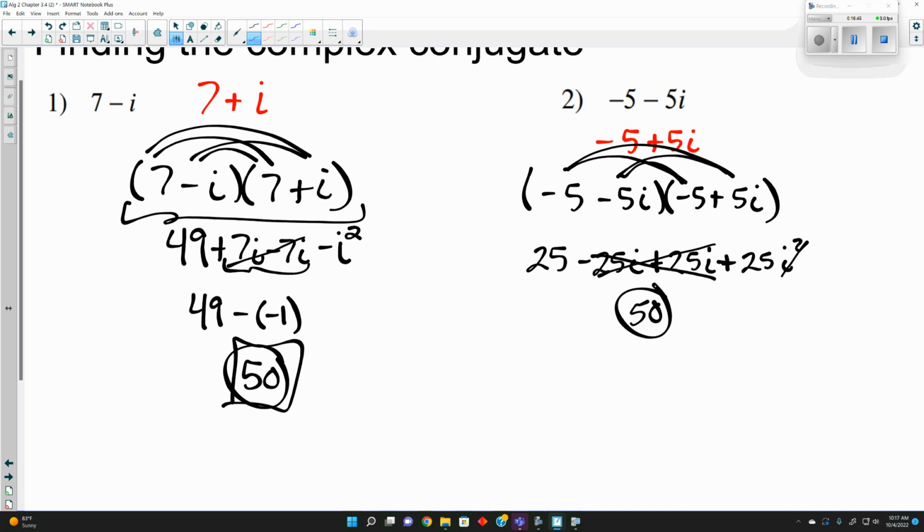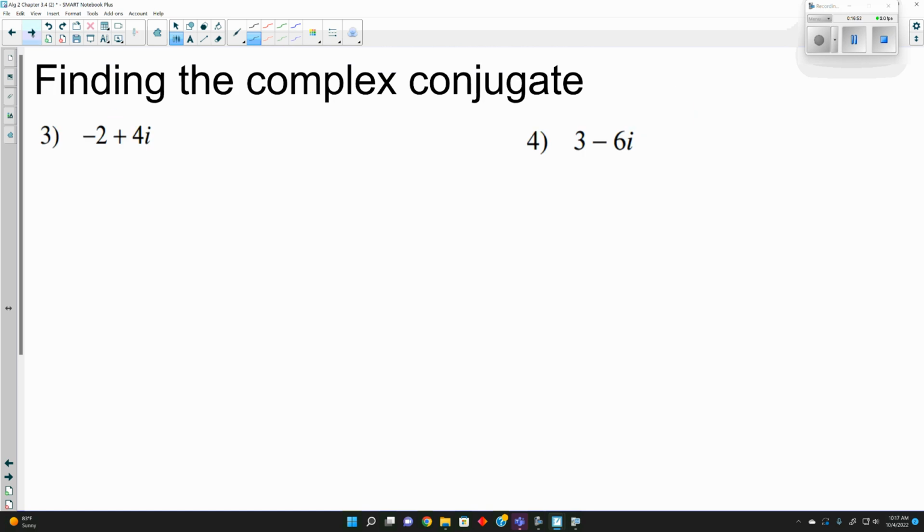Questions on any of this here? So we understand how multiplying them together gives us a single number without i? Yes? So we'll just look at these here. What's the complex conjugate of negative 2 plus 4i? How about 3 minus 6i?